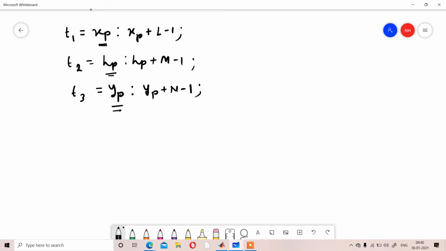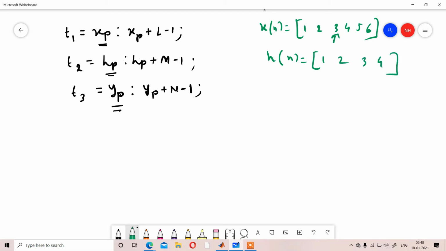Now consider the example: xn is 1 2 3 4 5 6, with starting index 0 at this position, and hn has 1 2 3 4, with the 0th position at this.